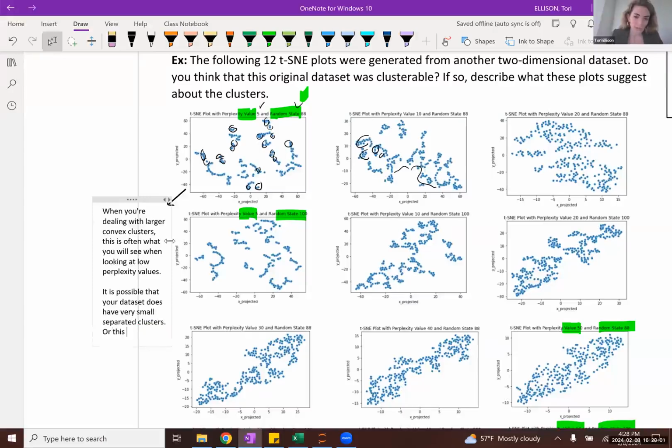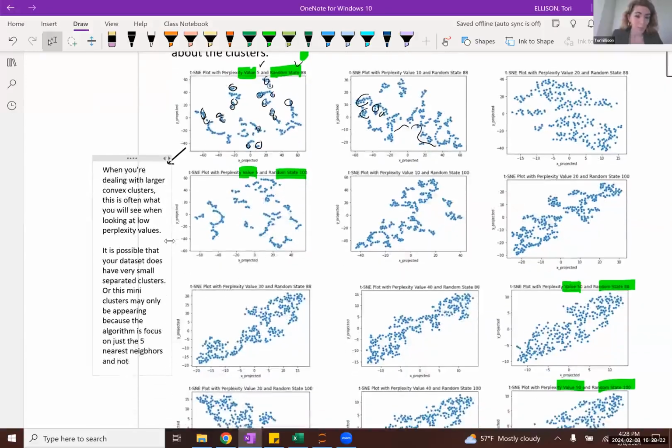Or these mini clusters may only be appearing because the algorithm is focusing on just the 5 nearest neighbors and not being forced to focus as much on the global clustering structure.